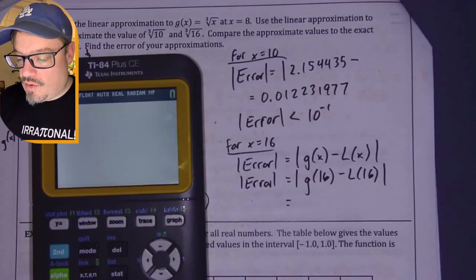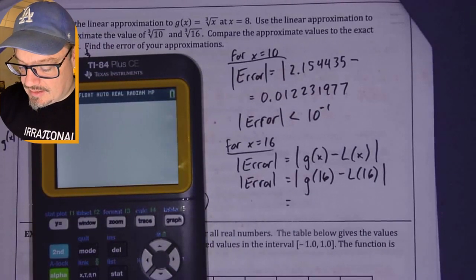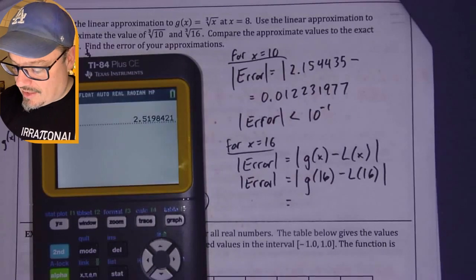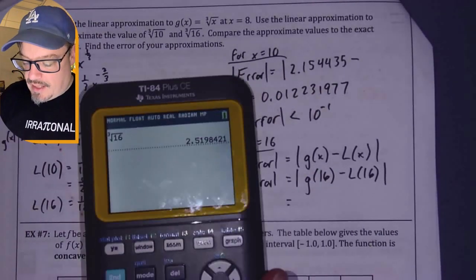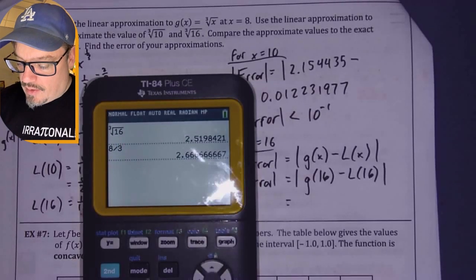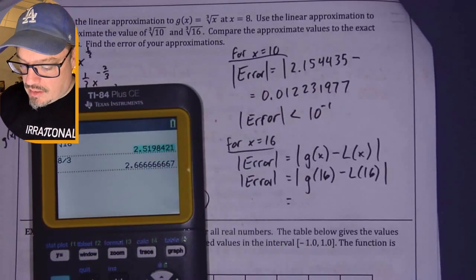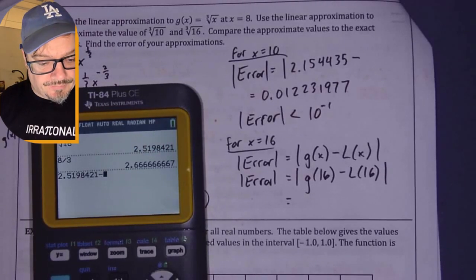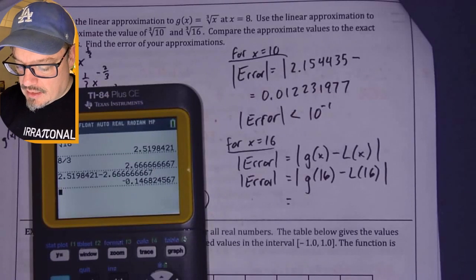And so let's find out what the cube root of 16 is. Okay, we got that. Then we're going to go ahead and grab this 8 over 3. All right, so what we're going to go ahead and do is subtract the actual minus this guy.